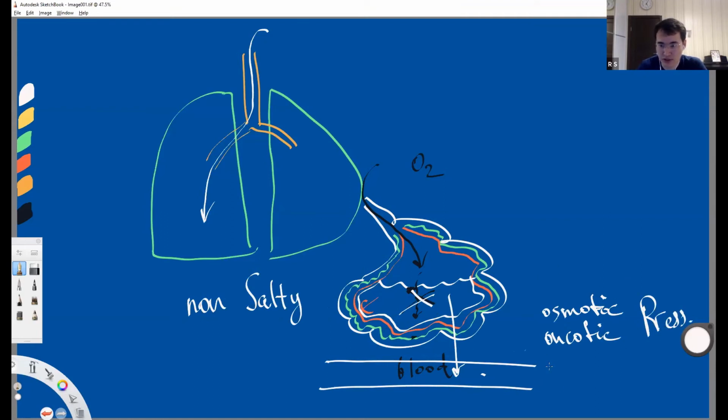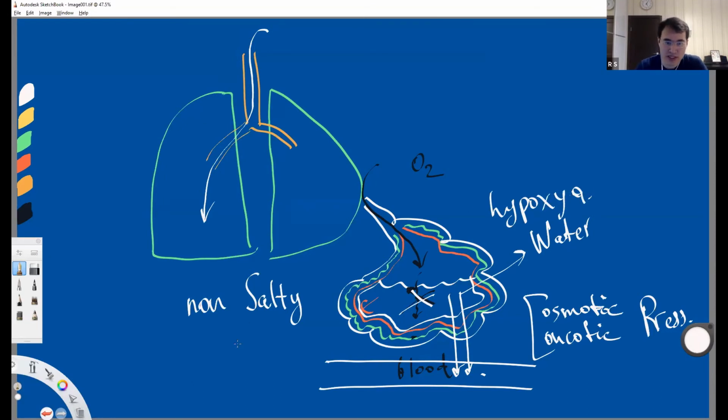And because of these two types of pressures, the water will get into blood. And in this case, it will free the alveolar sac, but we really need to have very small amounts of water here. So if we have a lot of water, the alveolar sacs will be blocked, and we will not be able to get all this water inside our blood, and we die of hypoxia faster than we get rid of this water.